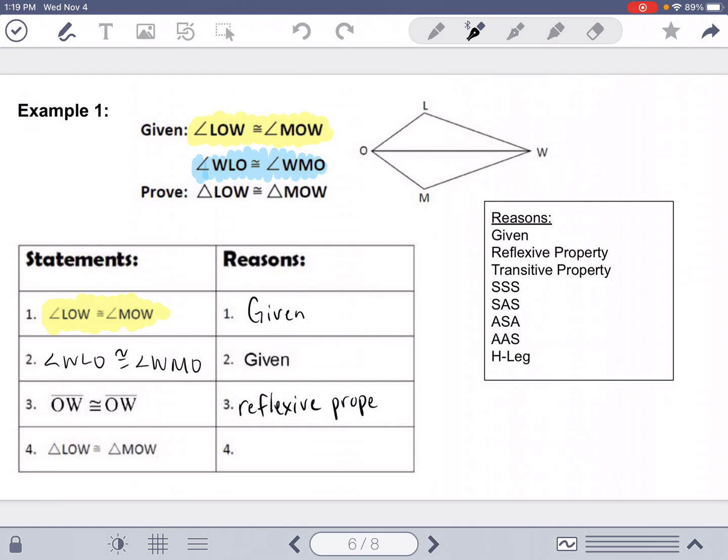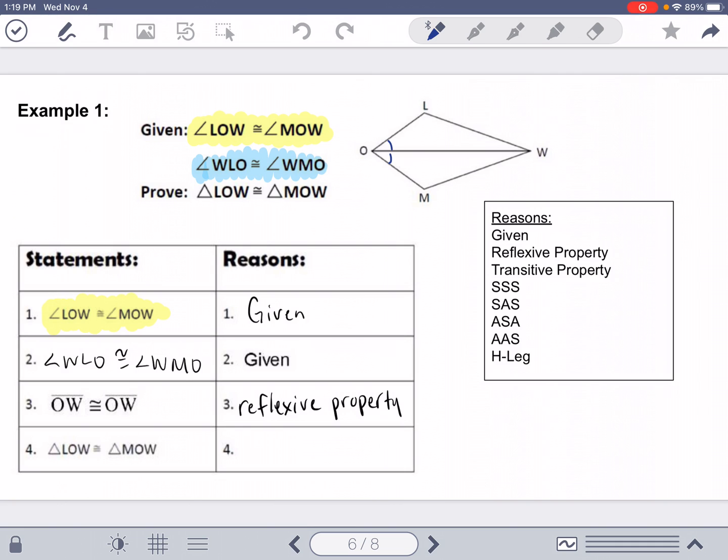And then finally, we have triangle LOW congruent to triangle MOW. Now, I have no idea which one of these shortcuts it's going to be. Let's take a better look at what I have, and let's make some marks on our triangle. So LOW is this angle, and it is congruent to MOW, which is this angle.